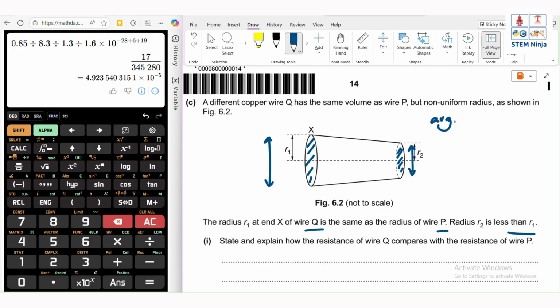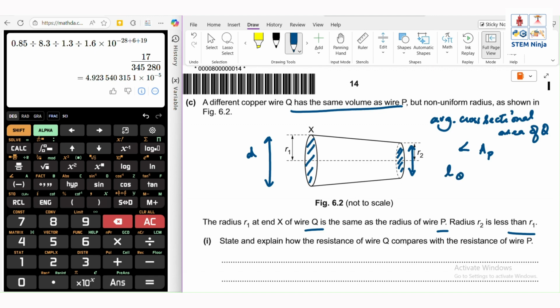That means the average cross-sectional area, since diameter is decreasing uniformly, is less than area of P. So cross-sectional area of Q is less than that of P, which means that if Q and P have the same volume, then this quantity which is less is compensated in the length.